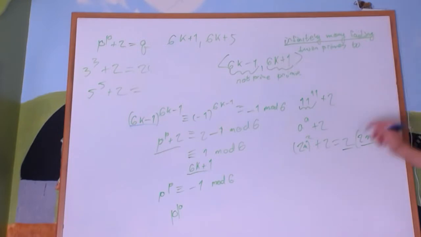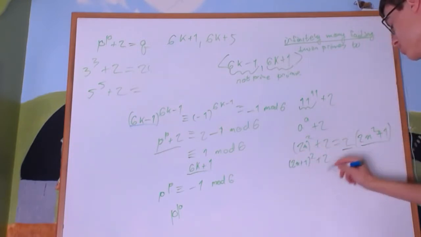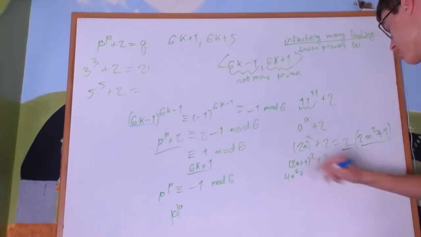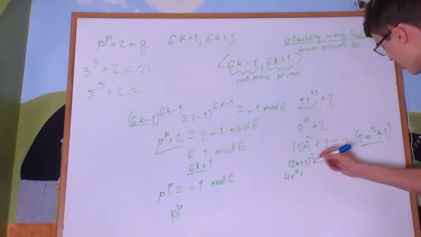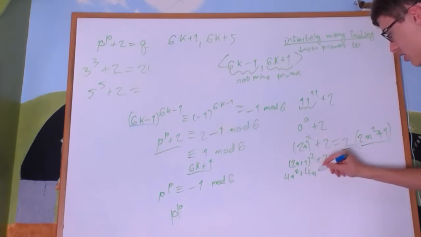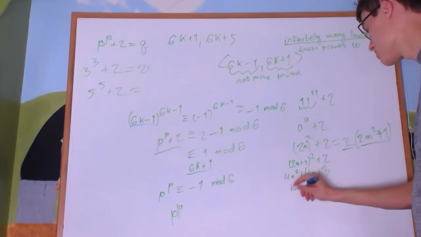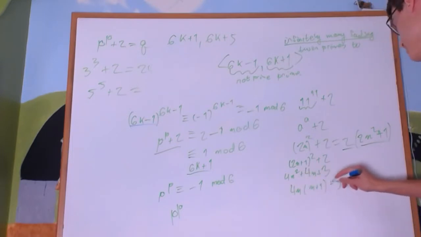So now if it's odd, 2n plus 1 squared plus 2, you could get 4n squared plus 4n plus 3. So you have 4n times n plus 1 plus 3.